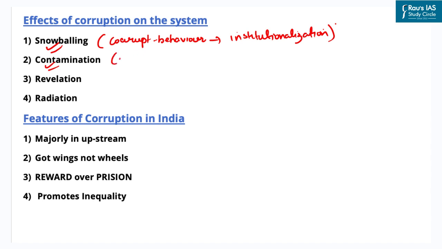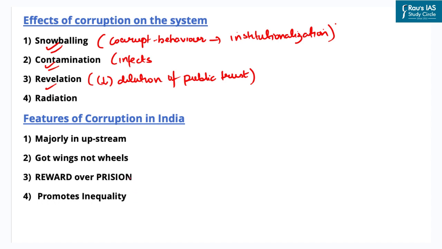Further, another effect of corruption on the system is contamination, as it infects the non-corrupt public officials working in that department, who are attracted by the wealth amassed through corrupt means. Another effect is revelation. When instances of corruption are revealed before the larger public by the media, it leads to dilution of public trust and thus breaks the trust and the intimate relations between the citizenry and the government, therewith undermining democracy itself.